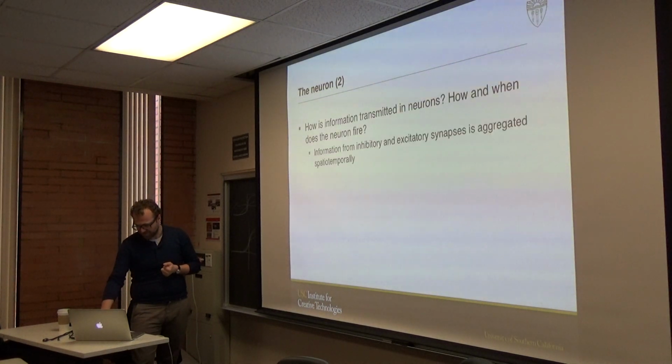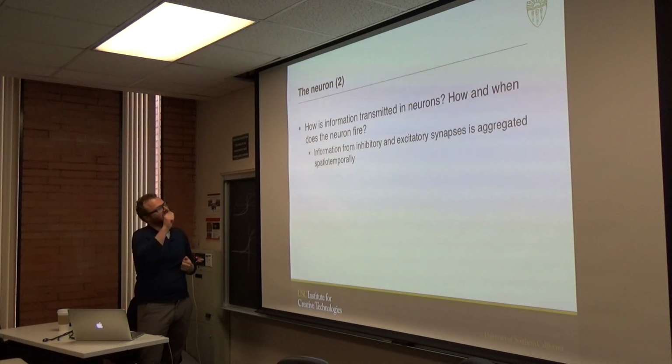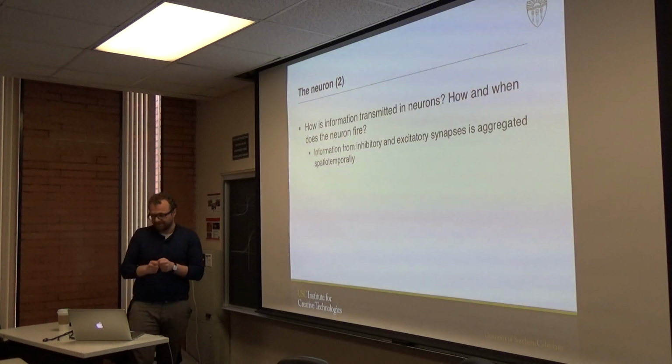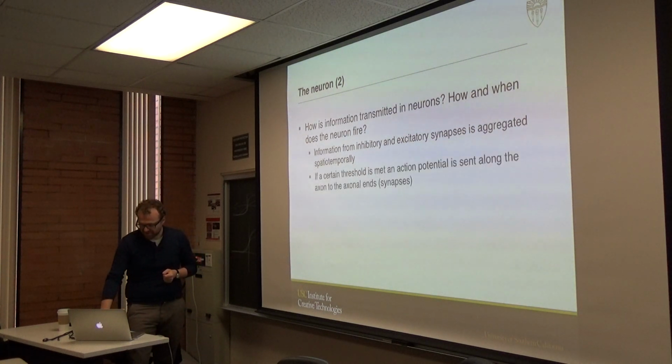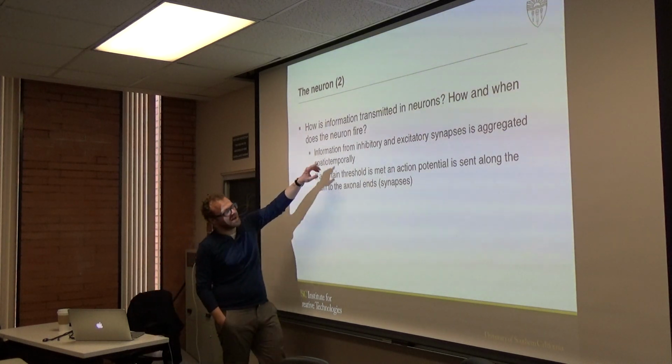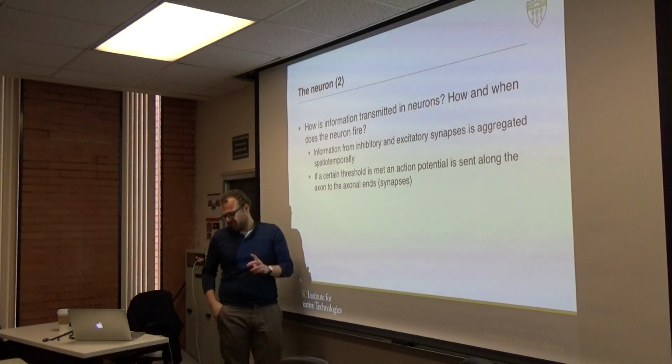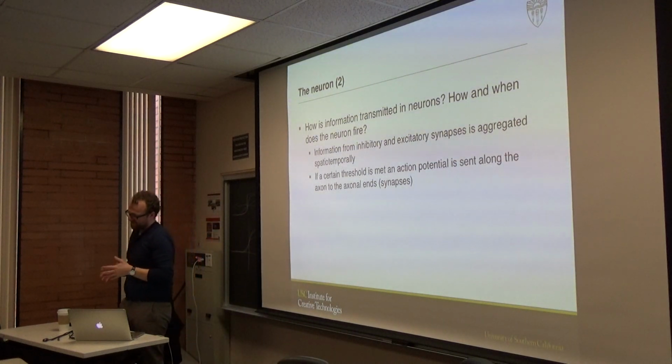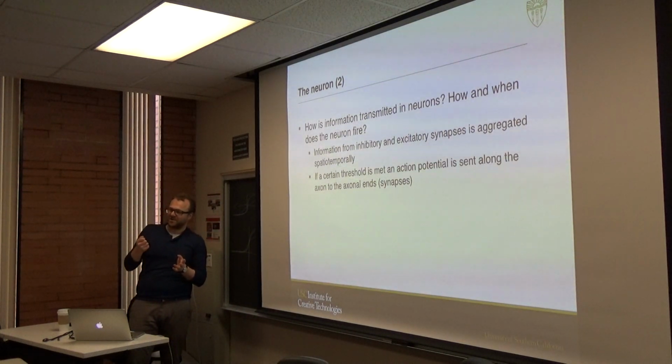Information is transmitted when a neuron fires, and the connections between neurons are synapses, but there's an important distinction here. Some of the synapses are excitatory, they excite the other neuron, and some connections are inhibitory, they suppress the other neuron, okay?